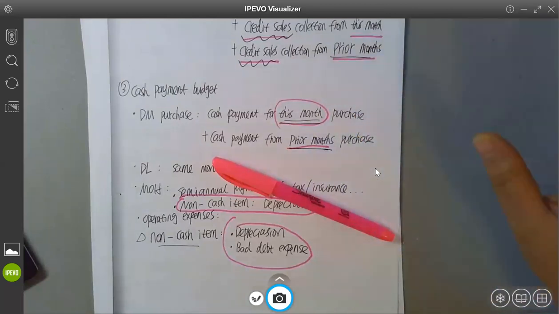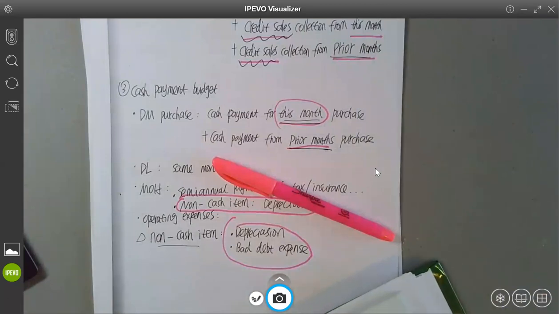They are non-cash items, so you have to do another adjustment. Some students said, professor, I don't know how to do this adjustment. Give me just 2 minutes, I'll show you very quickly. I'm not sure you have this in the exam, yes or no, but this is important. So I want to show you.